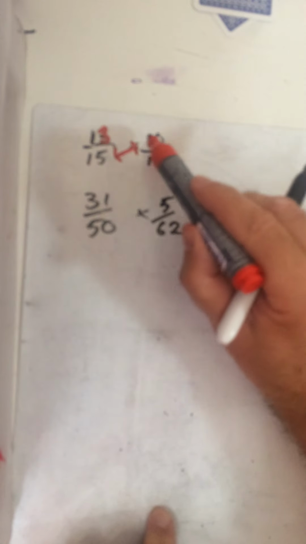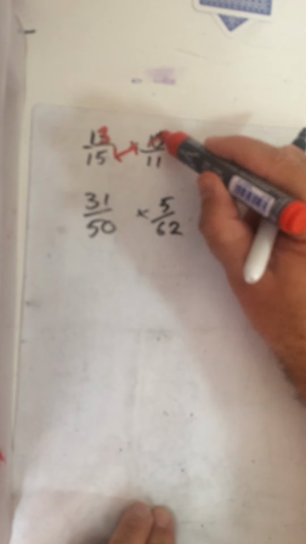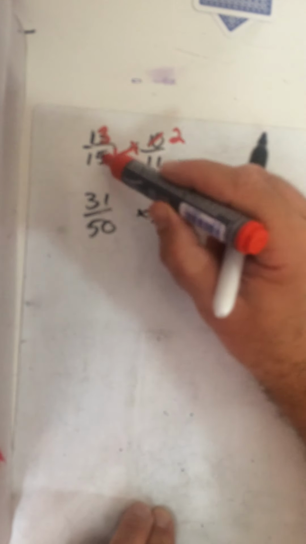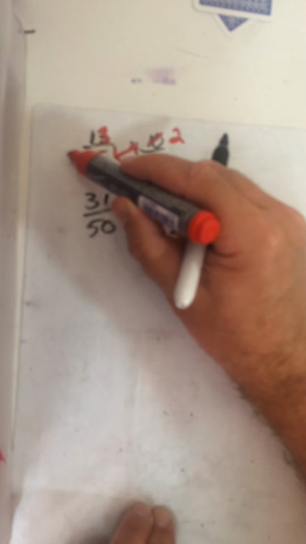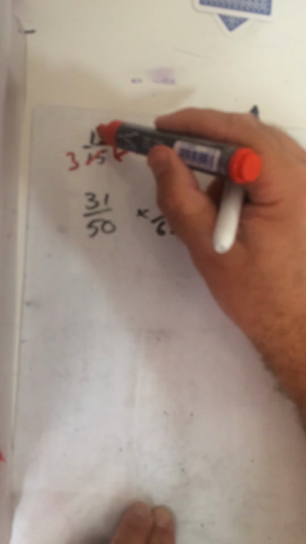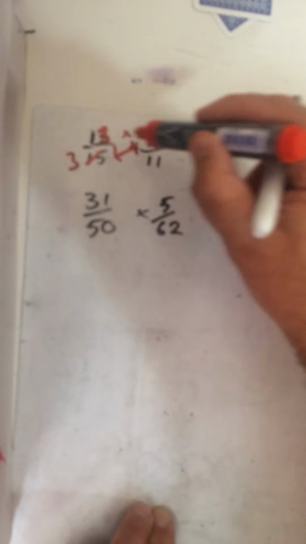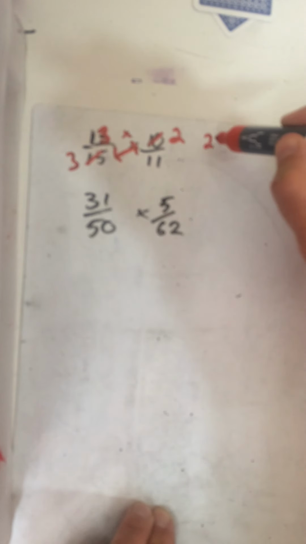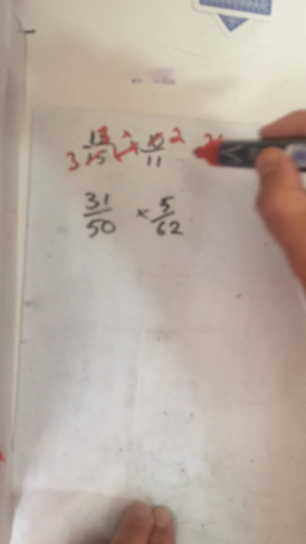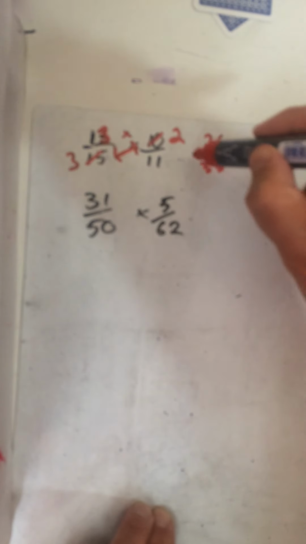What goes into both 15 and 10? 5. So I can simplify that to a 2. I can simplify that to a 3. So now we're still timesing across as normal. 13 times 2 is 26. 3 times 11 is 33. So we can just cross simplify to make it easier.